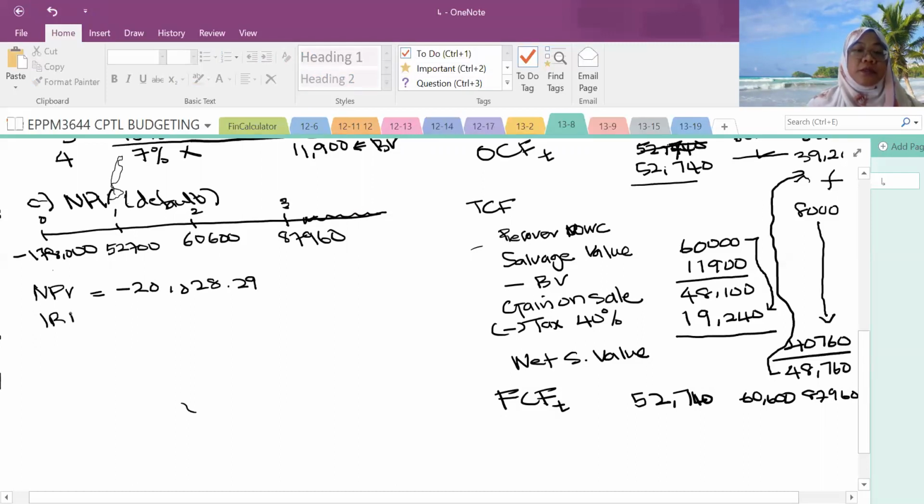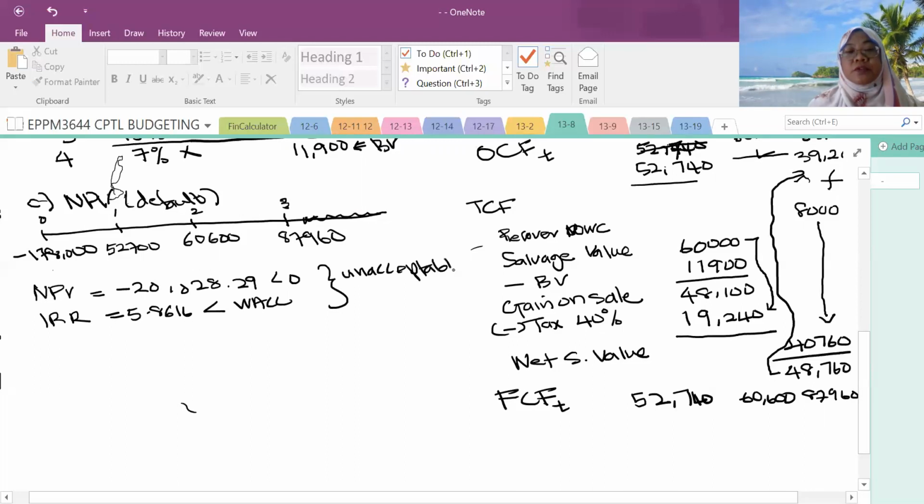And then the IRR is 5.8616. So this is way below our WACC, which is 12%, and the NPV is less than 0. So both show that the project is not acceptable, because it will cause the company to incur a loss.